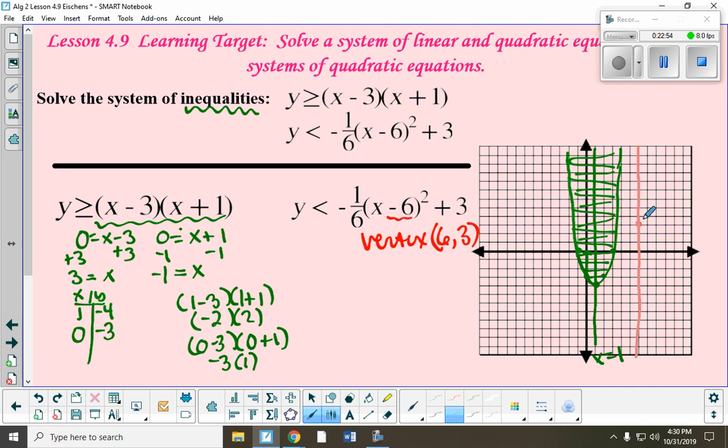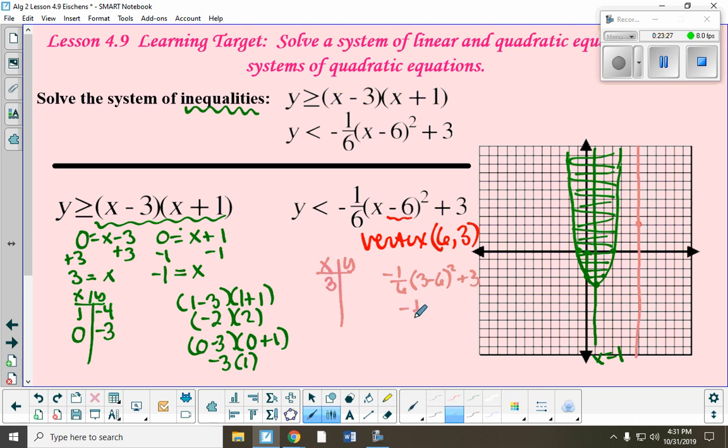So now we need some more points. So we're just going to make a little XY chart. And let's just pick some numbers. Let me see here. If I pick, let's see, we have x is 6 already. Let's pick 3. And you could pick anything, but you may end up with decimals here with this. So we would have -1/6 times (3 minus 6) squared plus 3.